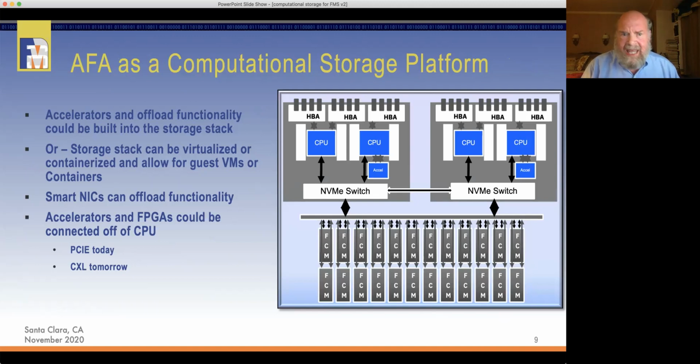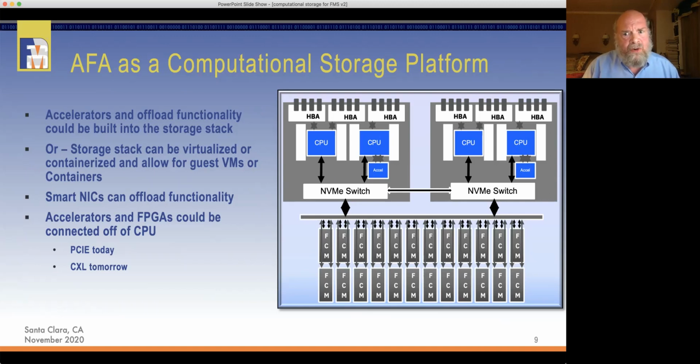Well, since it has an operating system and has CPUs, you could imagine it being able to run a rich set of predefined storage services like we had mentioned earlier.